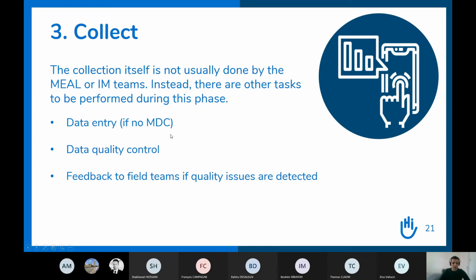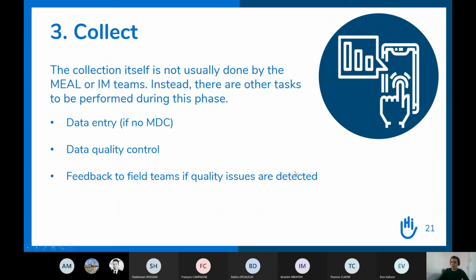Maybe the surveyors are still here, maybe they already have the answer because they know why they put this information. Maybe they can confirm whether the information is right or wrong. And if there is the need to go back and collect the information again because it was not collected in the right way the first time, then maybe it's going to be possible.